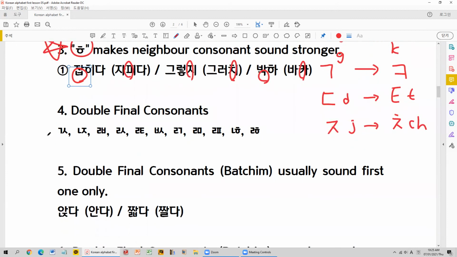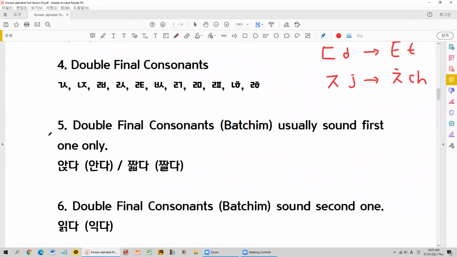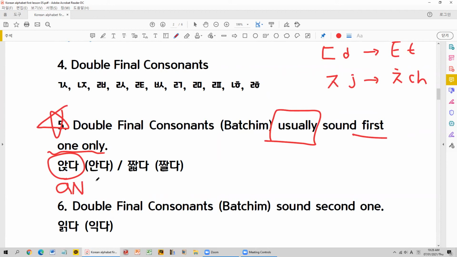And sometimes you can see a double final consonant. A double final consonant is very hard to decide which one I should read. Usually with a double final consonant, you only sound the first one. So what I'm saying is, if you see this is A and then N, anta.